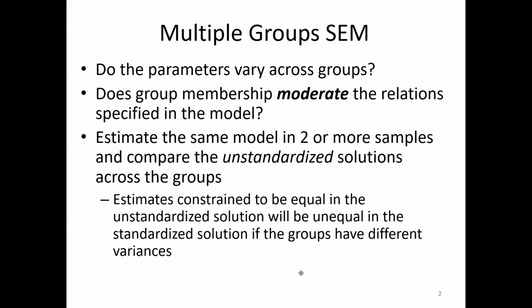So one reason that you might find that you can't constrain the error variances to be equal across the two groups is because there's just more variance in this item in one group than another group. So the variances in the indicators aren't equal. There's more variability in one group than another on that particular indicator.